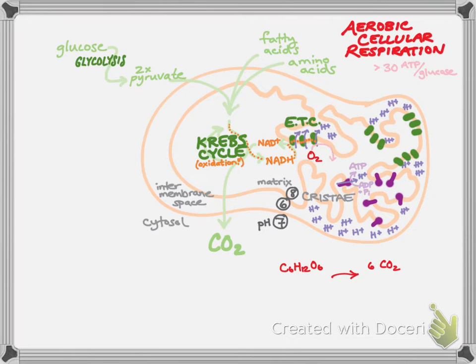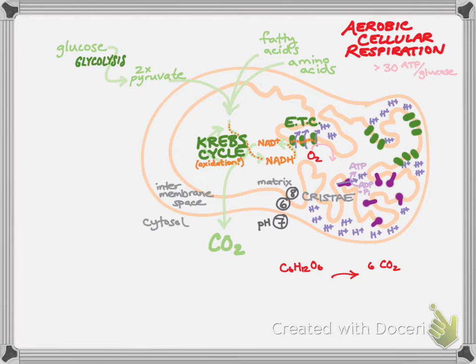Now, this is a really important point, which is not easy to understand. The electrons passing from glucose by way of NADH to the electron transport chain have to go somewhere. The easiest way of explaining this is the electron transport chain is able to pump protons because it's going through shape changes.